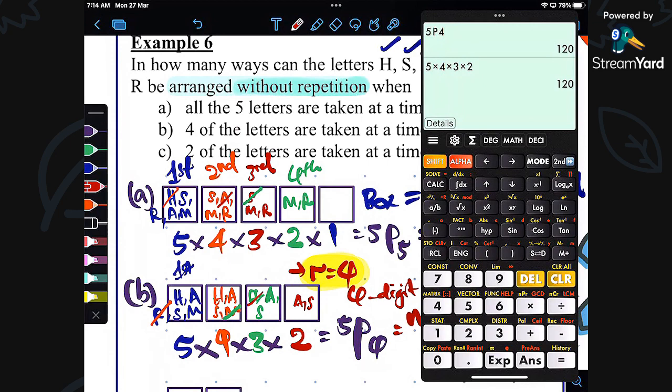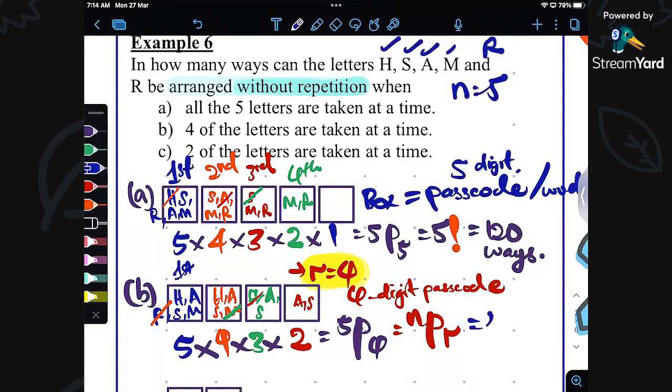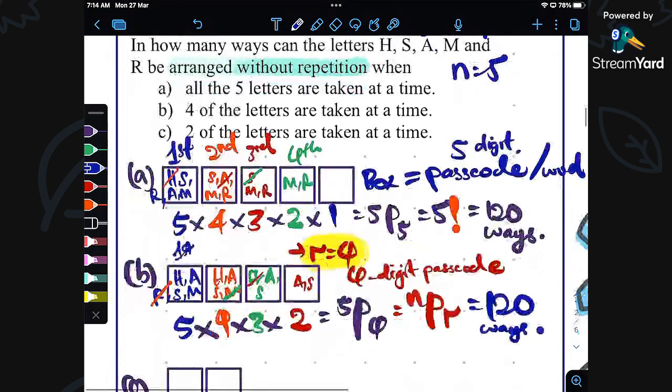Jangan times 1, cukup times 2 only. It will also give us 120. So here we go, we write down our answer. The answer is also 120 ways. But make sure you understand that our object kita adalah 4. Okay, bukan lagi 5. Dia adalah 4.